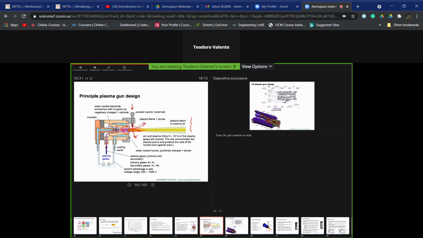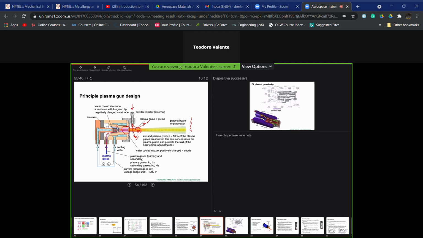And this one are not suitable to fabricate our coatings. Just the portion which is inside the plasma fume can result in the coating fabrication.